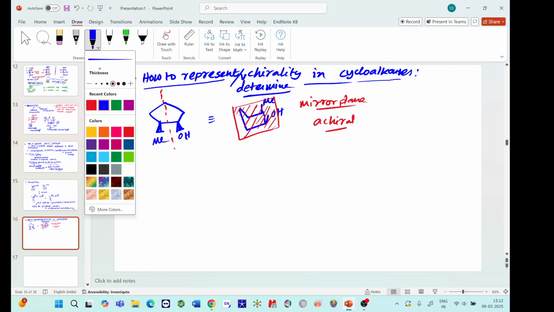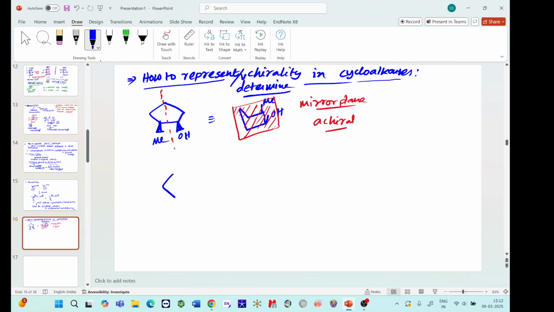Similarly, if you have this instead of this one, okay, what will be the scenario? Just draw it once. You have one methyl on the top, one OH at the bottom. But now you can see that you don't have any mirror plane, right?